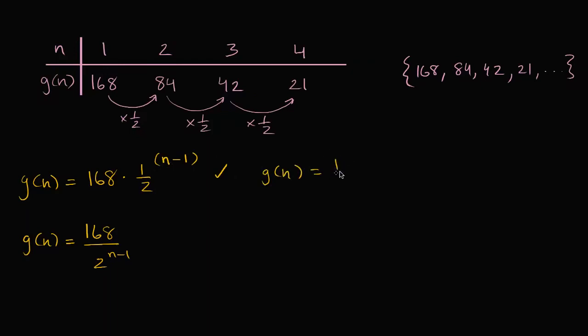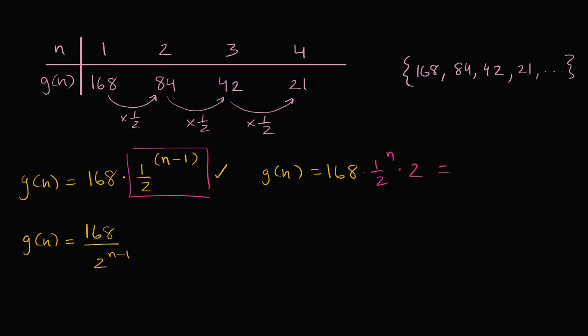That's the same thing as 168 times 1/2 to the n times 1/2 to the negative 1. Well, 1/2 to the negative 1 is just 2. So this is times 2.